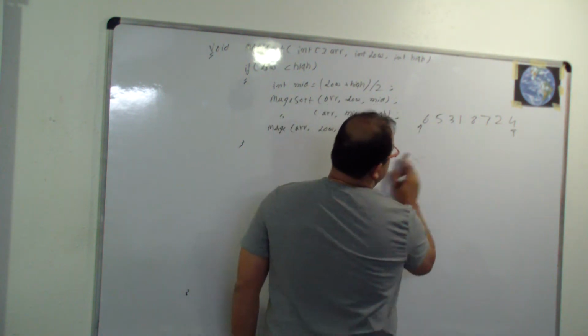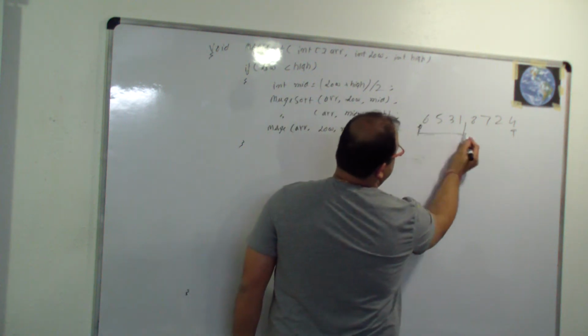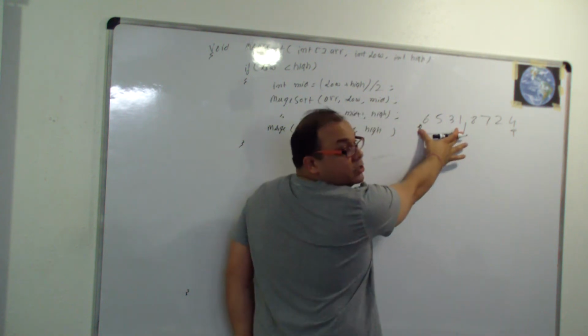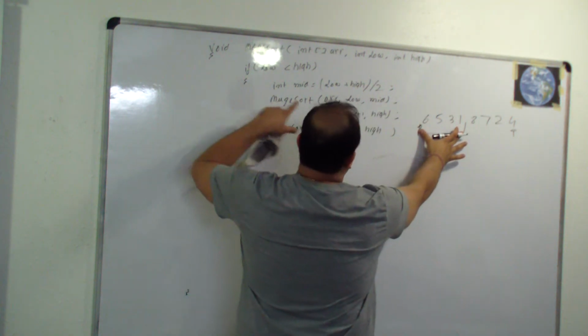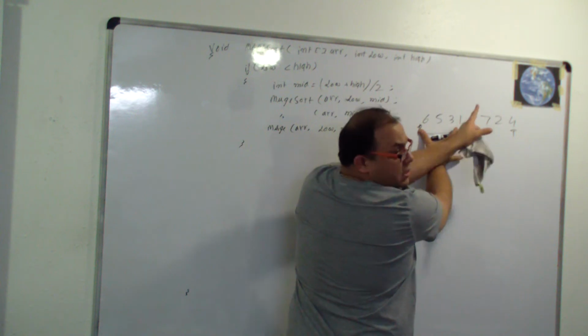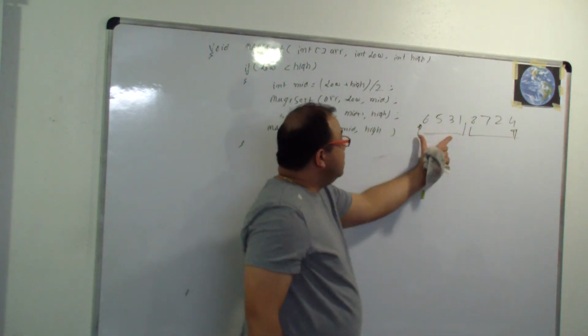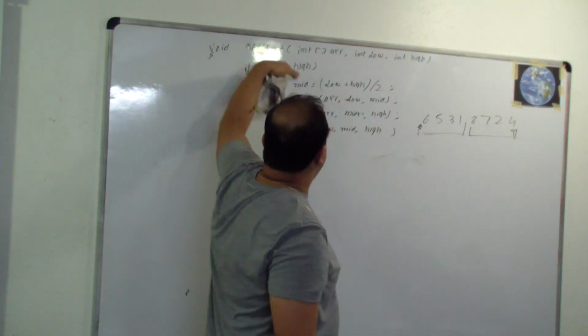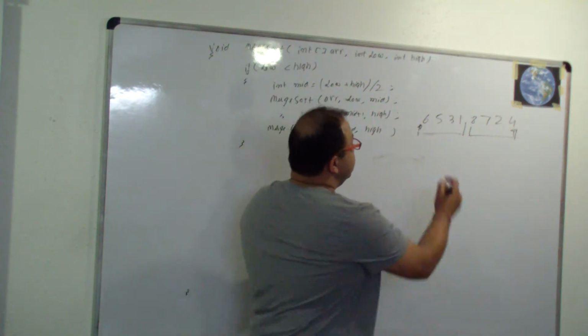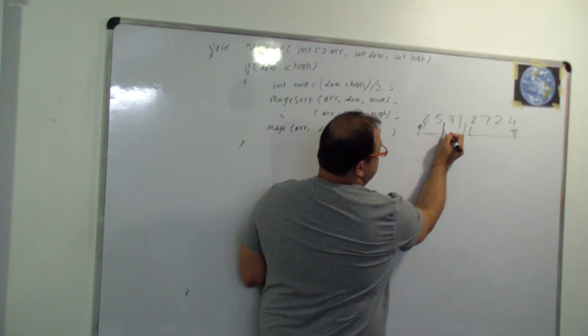So you call merge sort from 0 till 3, and then from mid plus 1, 4 till 7. Then this function will get called again and it will split again, this into 2.